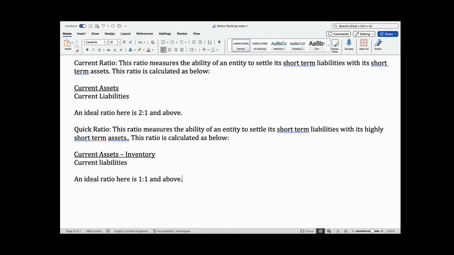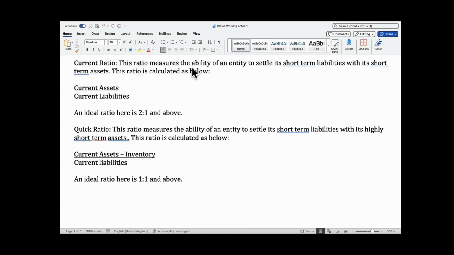So on this ideal ratio, you have to be very careful. When I want to interpret these ratios, I won't speak to it based on this ideal ratio that I'm giving you. I will look at the sequencing, I will look at the previous years. Where are we coming from?